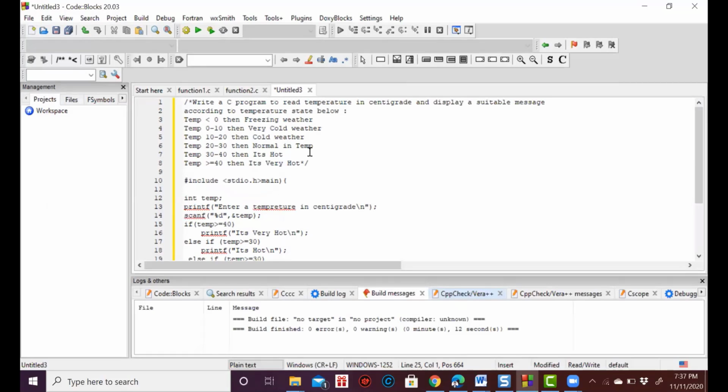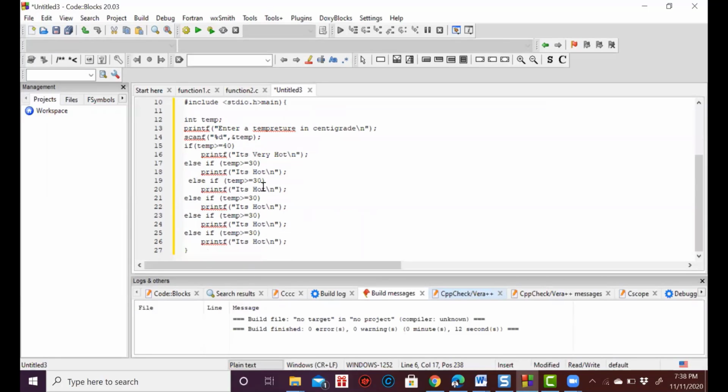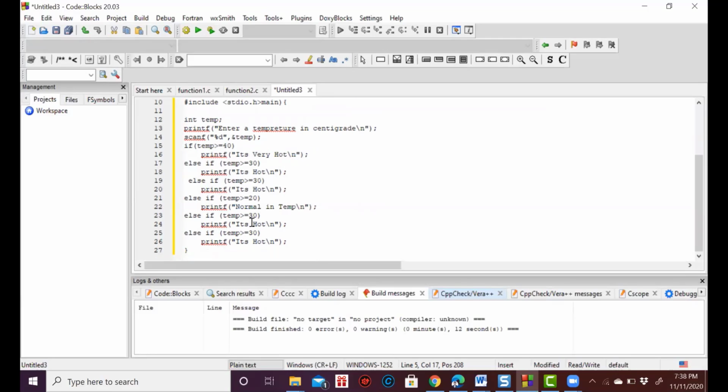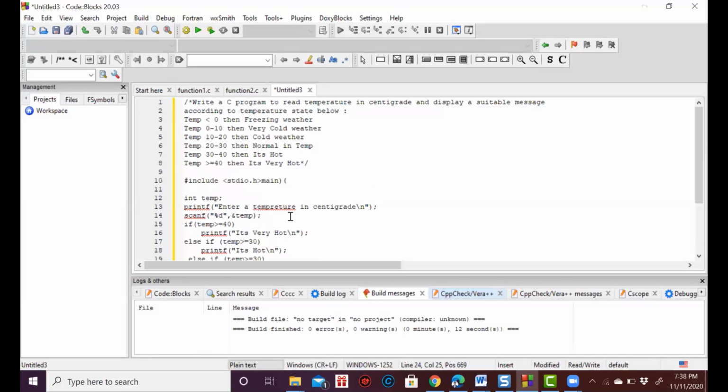Okay, now the category normal, 10, 20. This one is 30. This one is 20. This one is normal, 10. Greater than 20 is normal. Greater than 10 is cold. Cold water. And then very cold, 0 to 10.